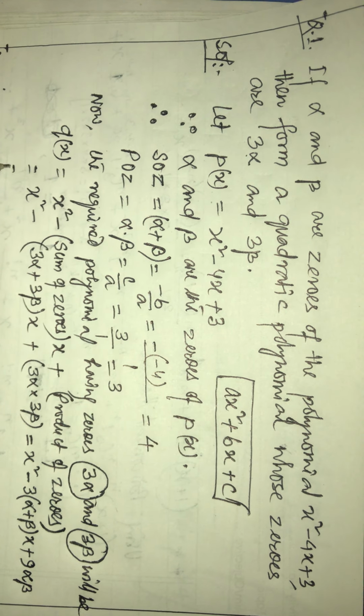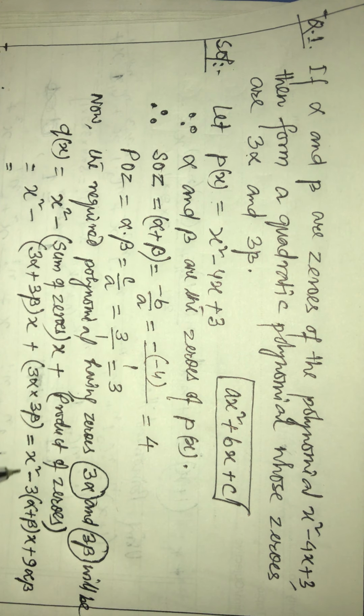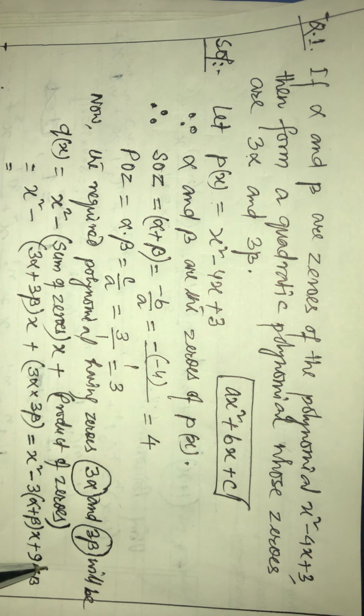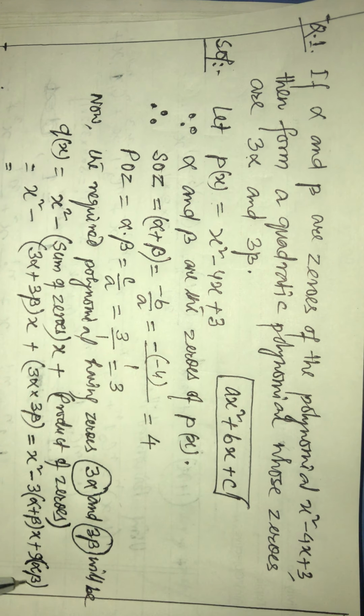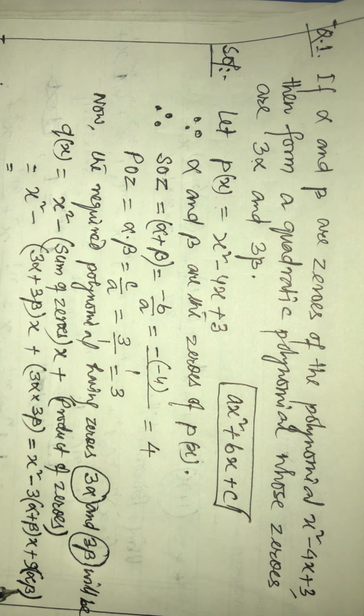All right, now if you see this part, what we find is alpha plus beta within the bracket and alpha into beta. This also we can keep in bracket because bracket means multiplication only: 9 into alpha into beta.